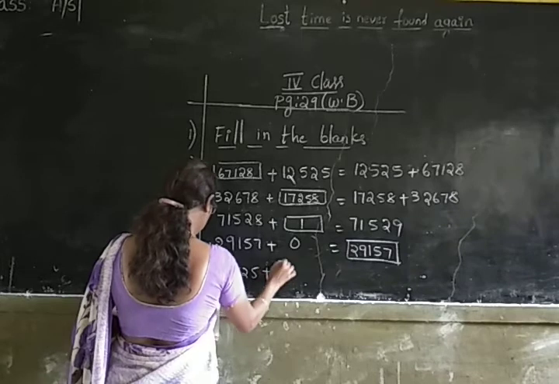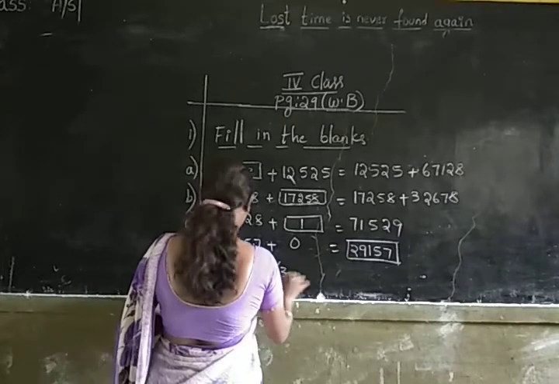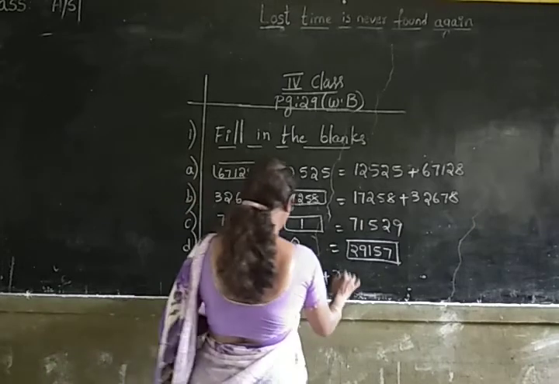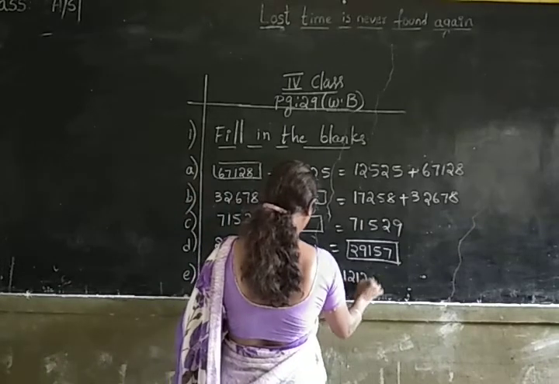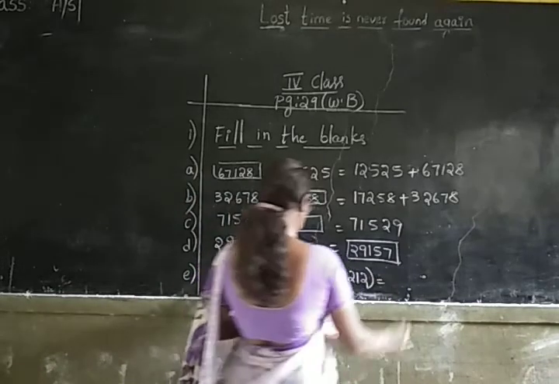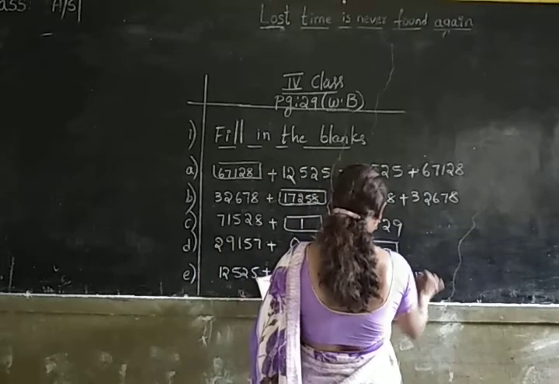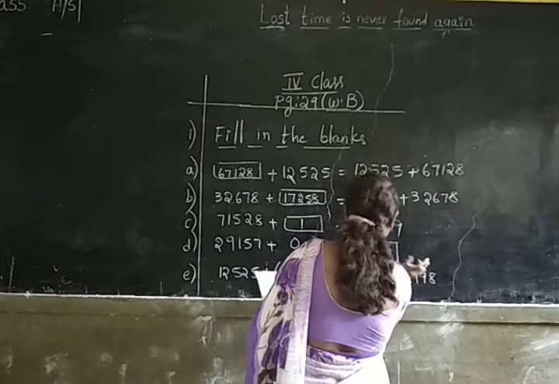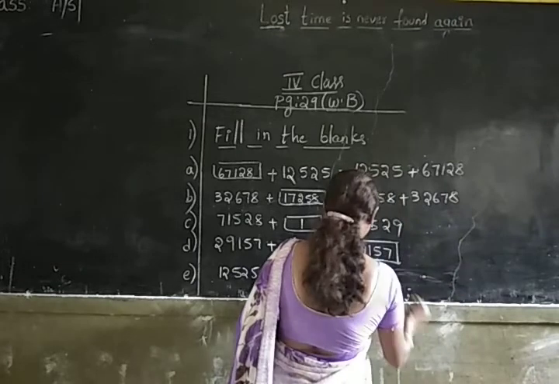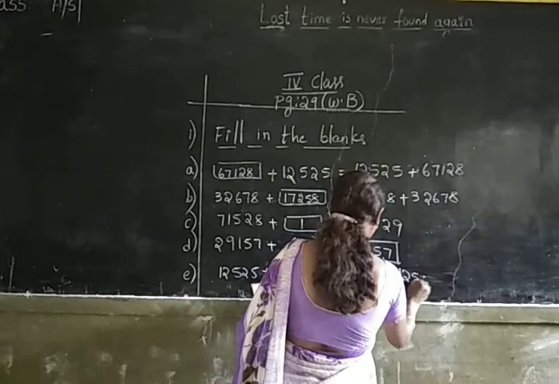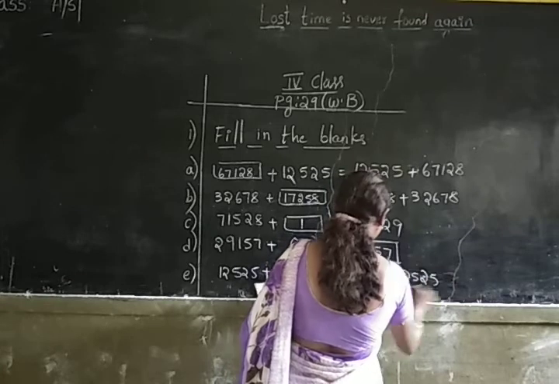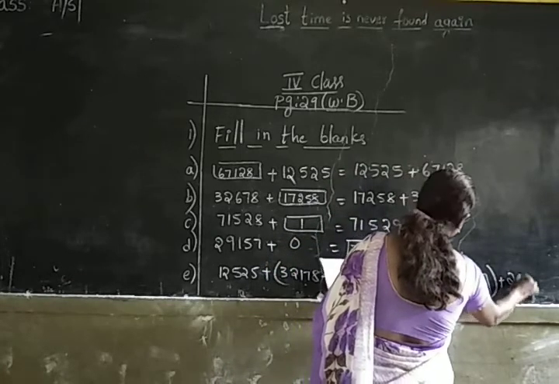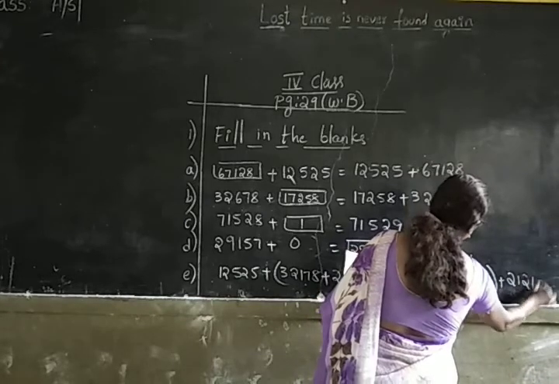Now let us do the E sum. 12,525 plus 32,178 plus 21,212 is equals to 12,525 plus box plus 21,212.